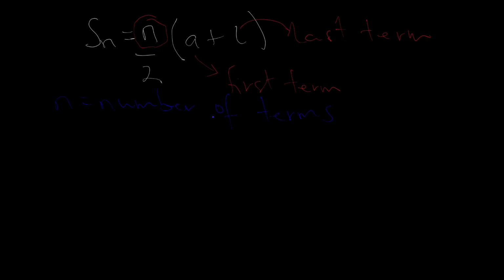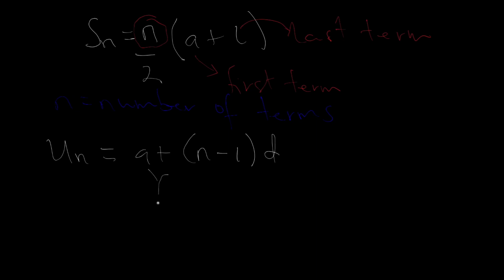We don't know the number of terms, but we know our last term is 18. So we find the number of terms, as in how many terms do we need to get to 18. And there's a formula for finding the nth term. The nth term, Un, is a plus n minus 1 times d.